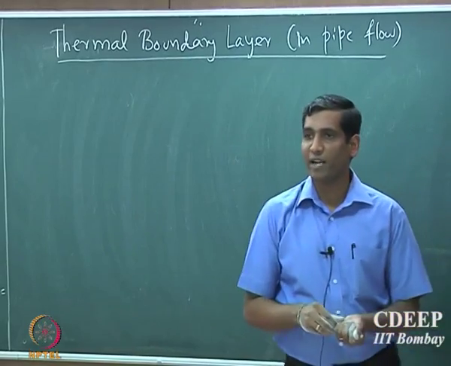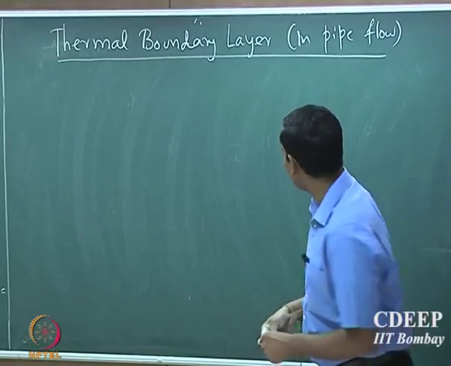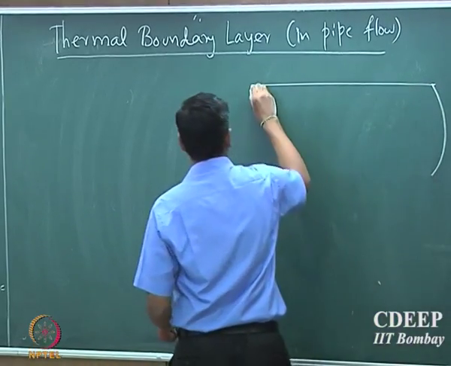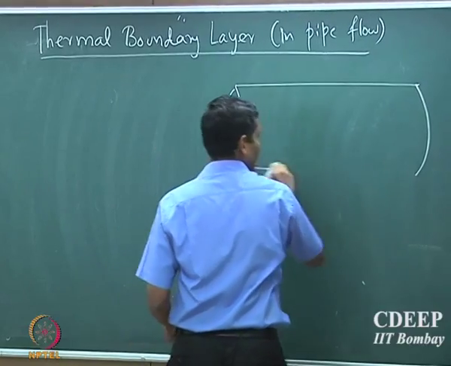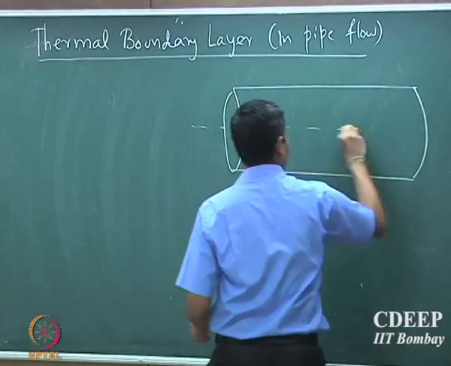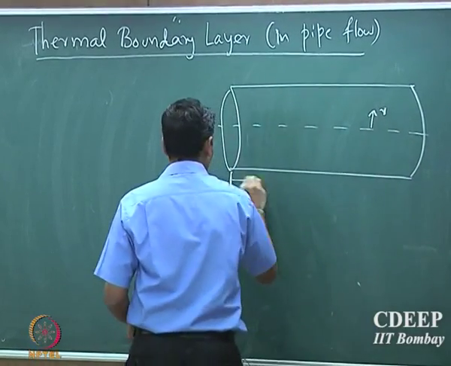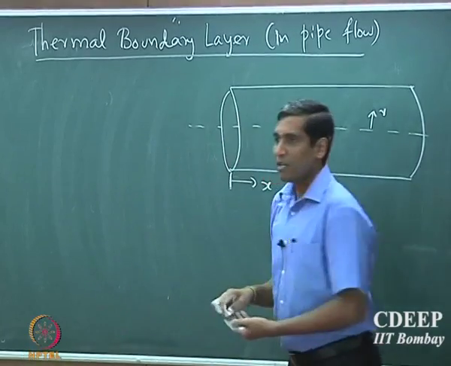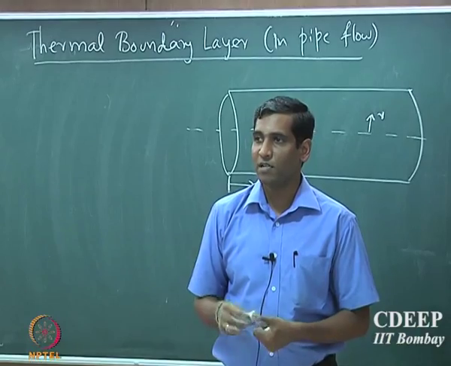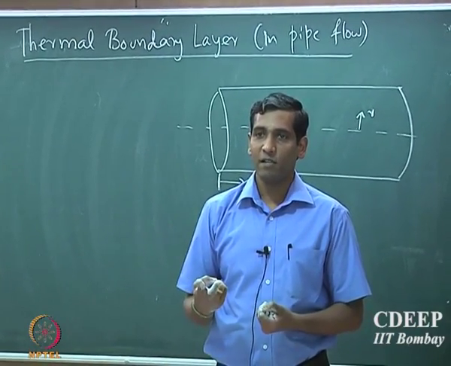So how do we characterize thermal boundary layer when there is a fluid which is flowing through a pipe? Okay. So I have a pipe here, and this is R, and this is X. Now when it comes to heat transport problem, there are two specific cases that one can think of.